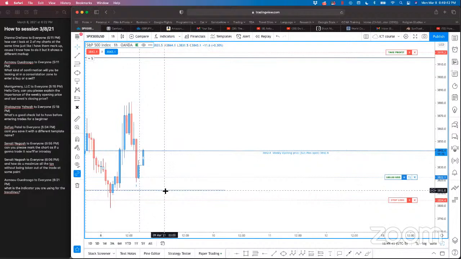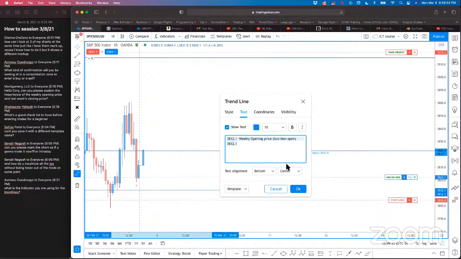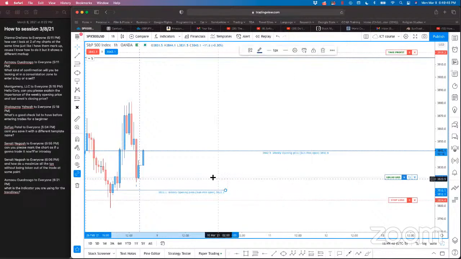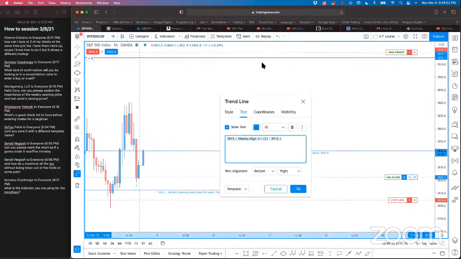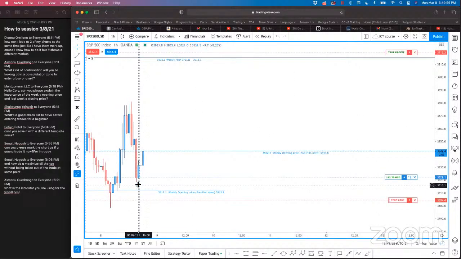Okay, so the price opened up, it pushed up, then it dropped below the opening price, right?